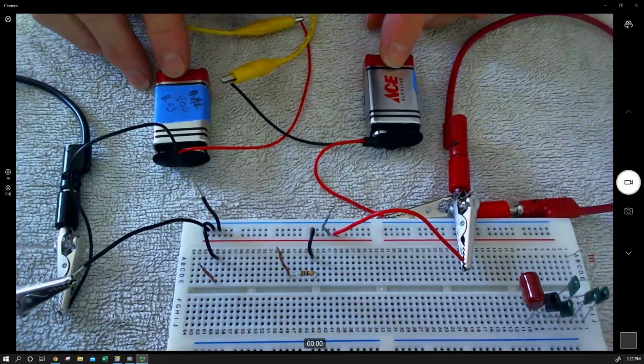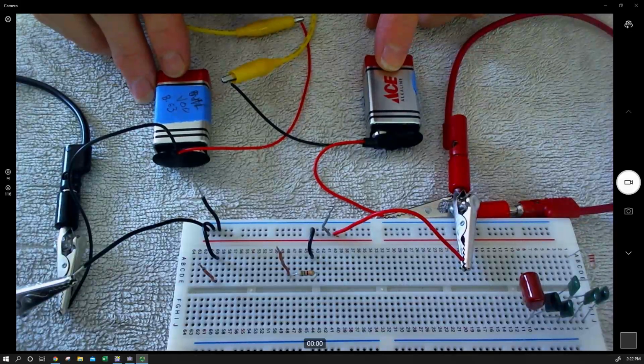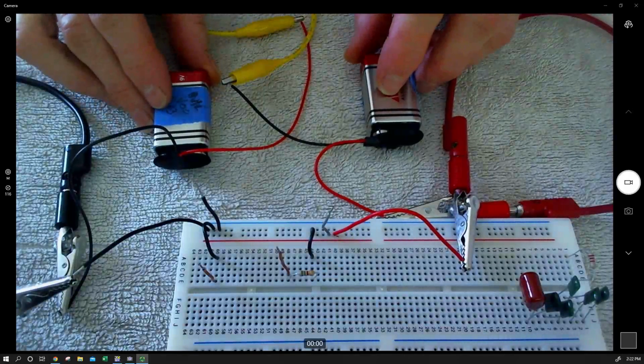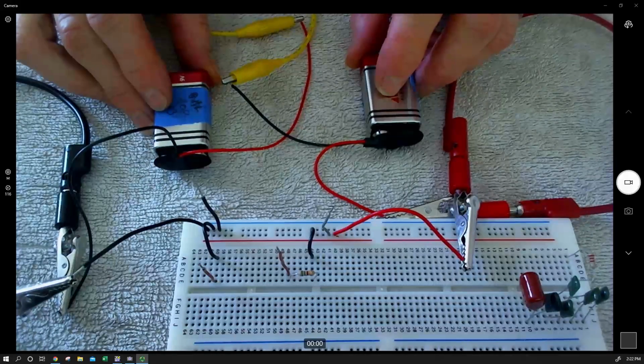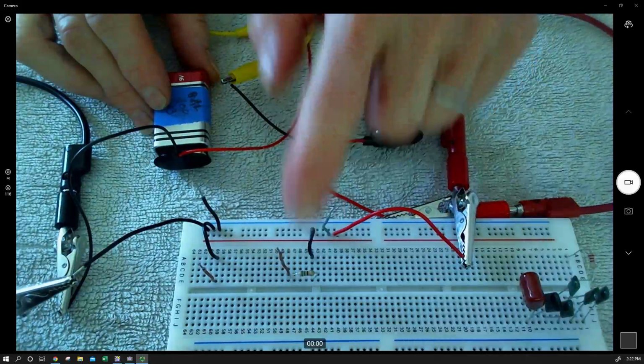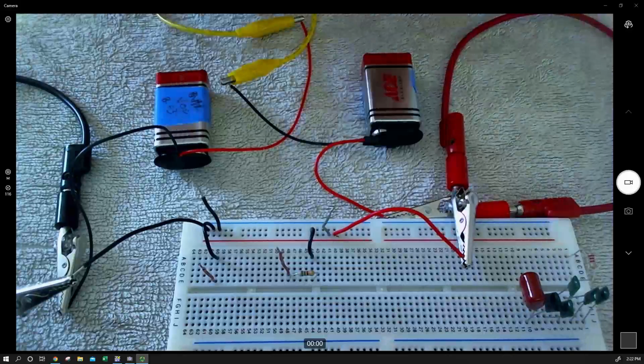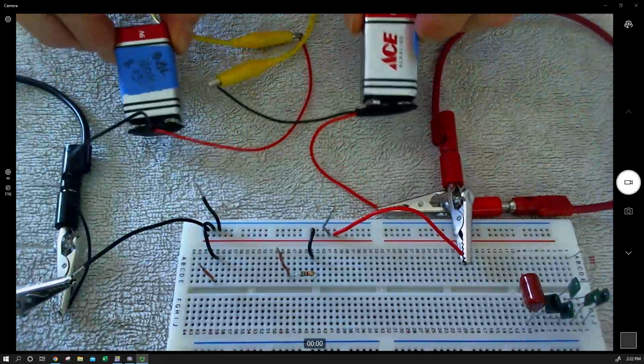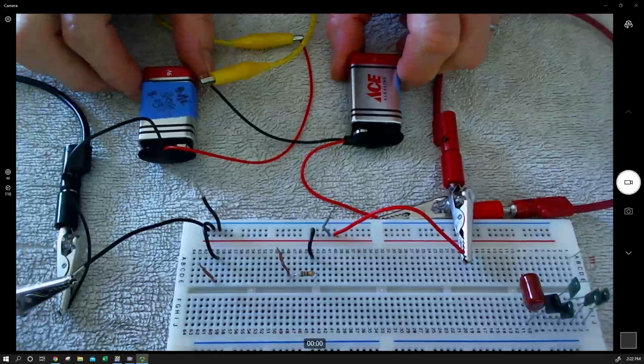So Ohm's law in the circuit will predict our behavior as if we were using an ideal source. If we have our sources in parallel, then the current that actually flows through our load will depend on the magnitude of that load versus the magnitude of the internal resistance of the sources.